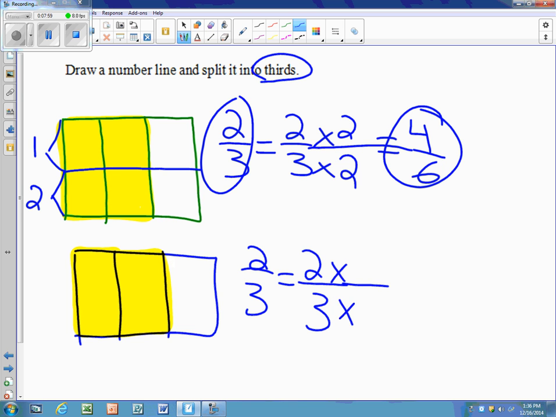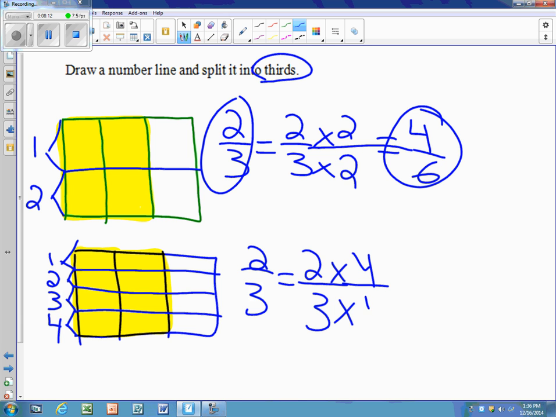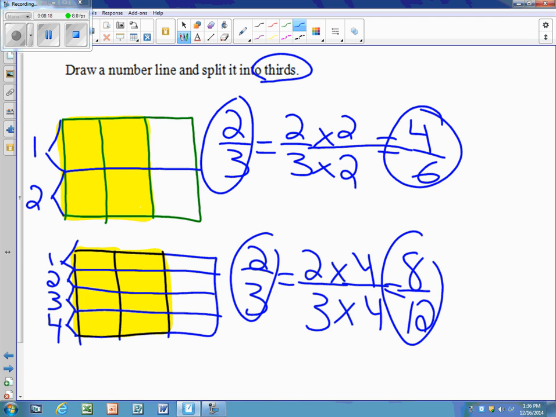If they tell me I can partition it any way I want to, partition this into fourths. So there's 1, 2, 3, 4. So I'm going to multiply them by 4. And I would get 8/12. And I would know that 2/3 is equivalent to 8/12. Because I haven't changed my shaded section, I've just added more pieces.